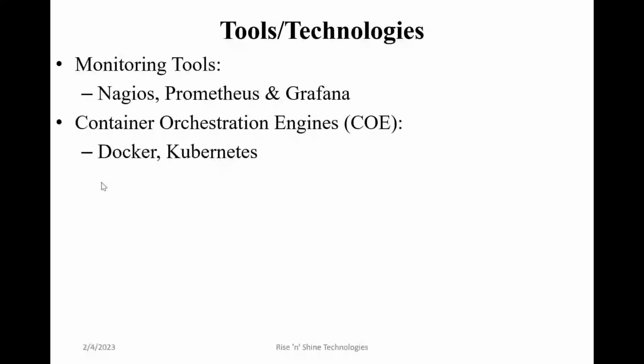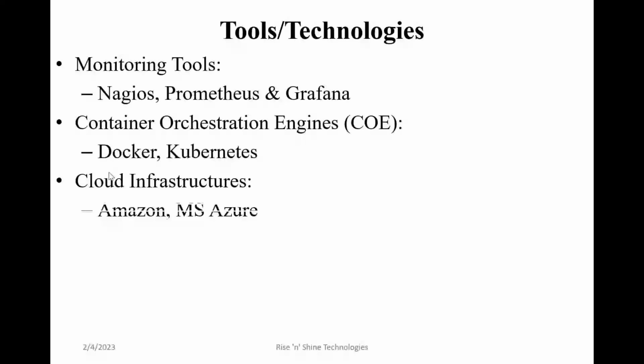Yeah, so here the Docker and Kubernetes and cloud infrastructures. We are talking deeply about AWS, and we'll give at least some knowledge on Azure also, which is going to have more weight compared with the other competitors.